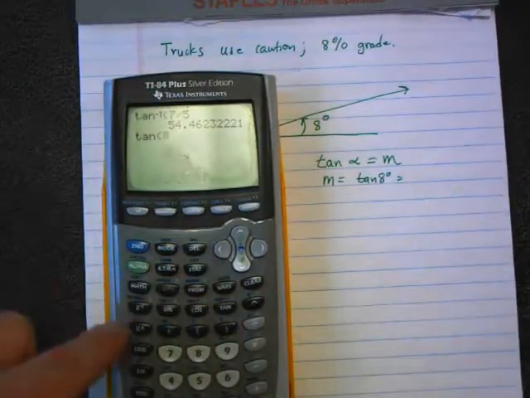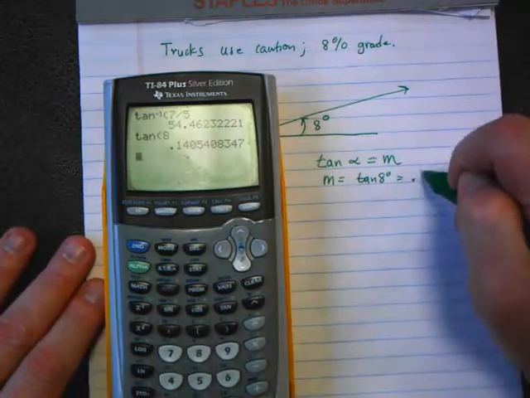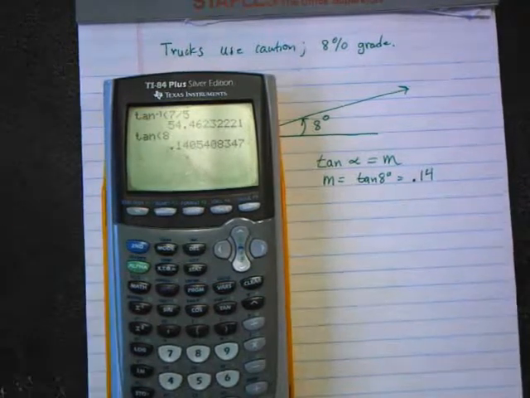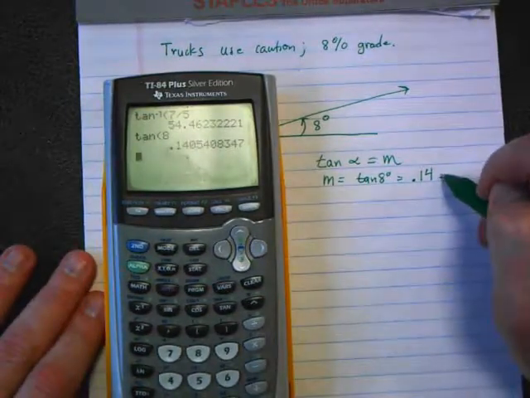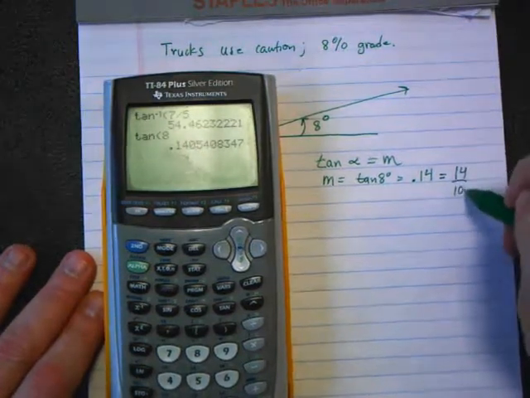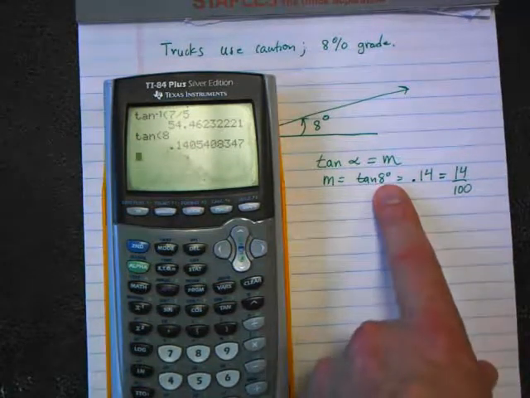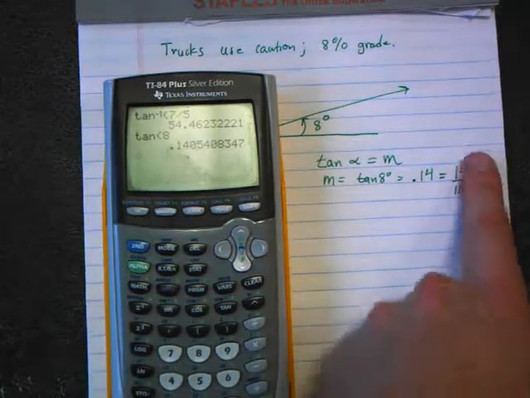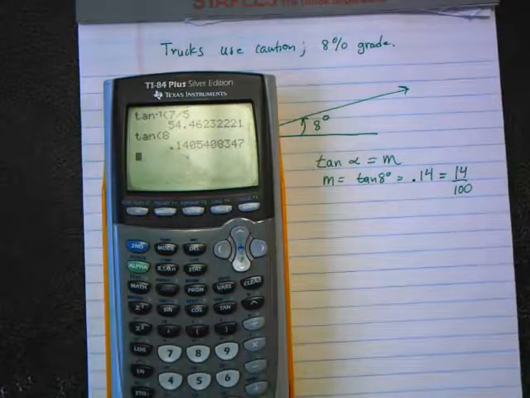Tangent of 8. Which means the slope is 0.14, or about 14 over 100. Which means if you have an 8 degree angle, your slope is about 14 over 100.